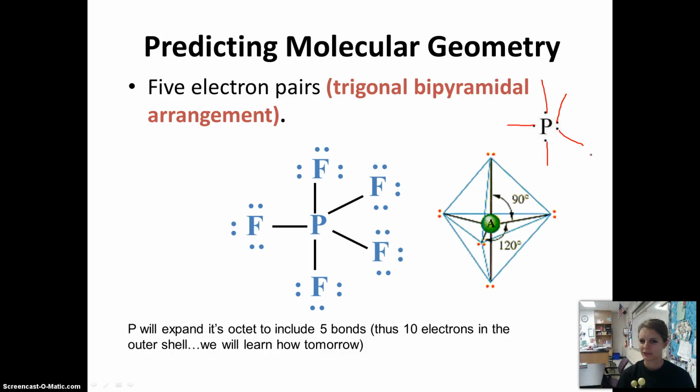I told you that nobody divorces before because otherwise you just divorce all the electrons whenever you draw things, and I can't let you do that. So I had to make you think that they can't divorce, but really they can. They make this trigonal bipyramidal arrangement. You can see with the angles, it's 90 degrees sometimes, and if you look at it from this way, it's a triangle and it's 120 degrees. So our angles are that 90 and 120.